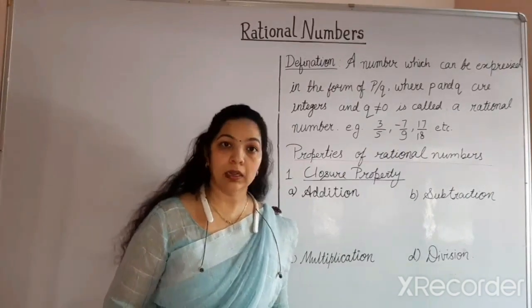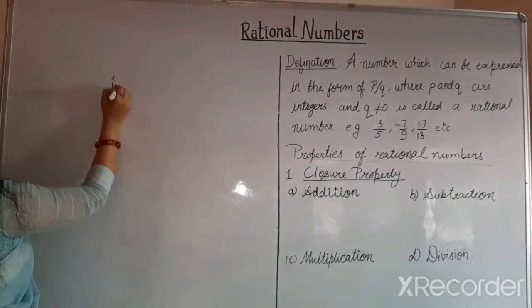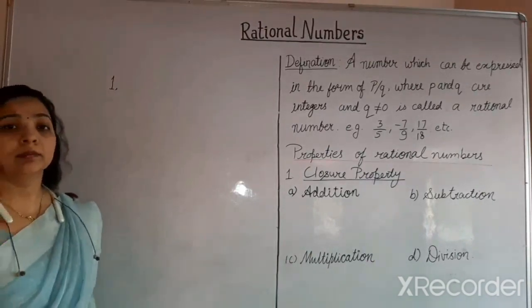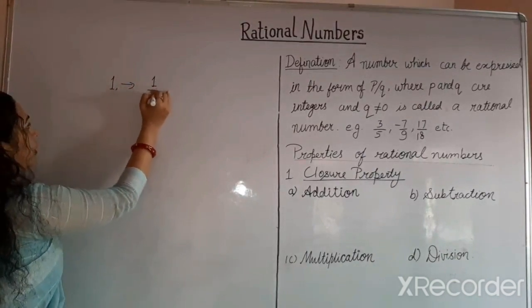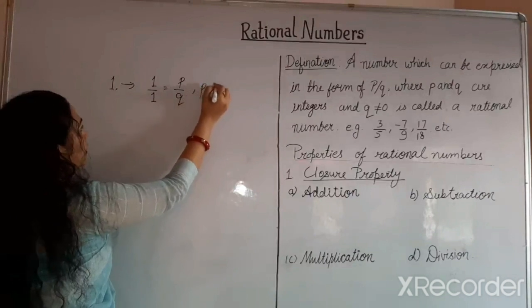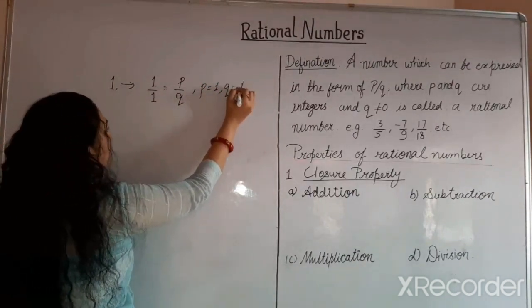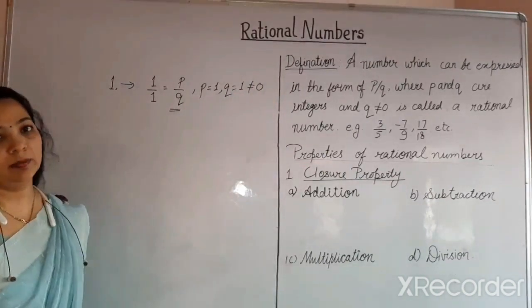So let's take another example of a rational number. If we talk about 1, is 1 a rational number? Yes, it is a rational number because 1 can be written as 1 upon 1, that is in the form of p by q, where p is equal to 1 and q is equal to 1, which is not equal to 0. So 1 is a rational number.